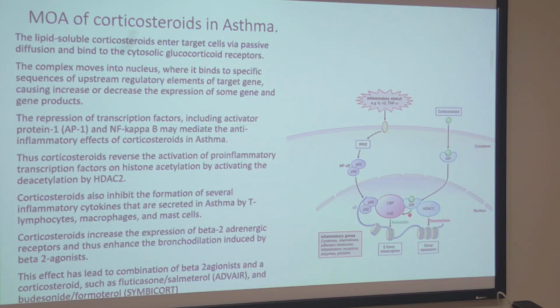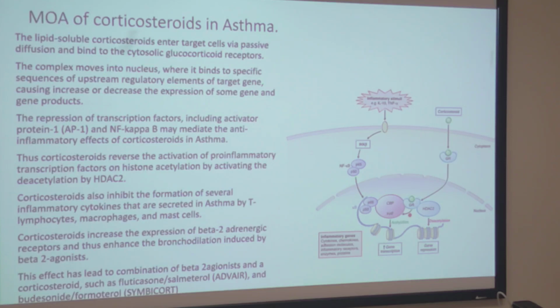They will trigger the synthesis of a phospholipase A2 inhibitor protein, and that protein binds to phospholipase A2 and prevents leukotriene production. Because phospholipase A2 releases arachidonic acid, which is metabolized by lipoxygenase, and lipoxygenase products are leukotrienes.